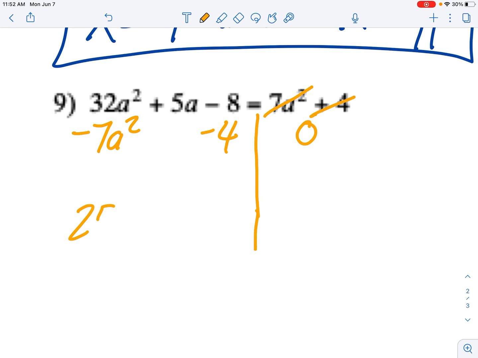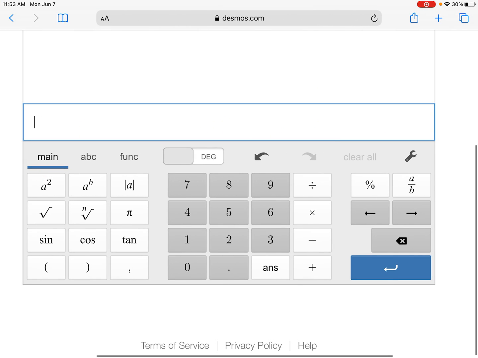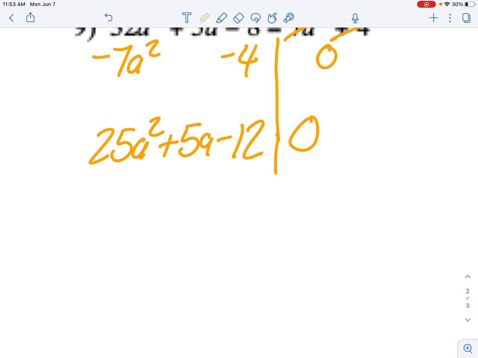32a squared minus 7a squared is 25a squared plus 5a. Negative 8 and negative 4 is negative 12. Look at that. Equals 0. So now I'm going to do 25 times 12. Okay, so let's see. 25 times 12 is 300.